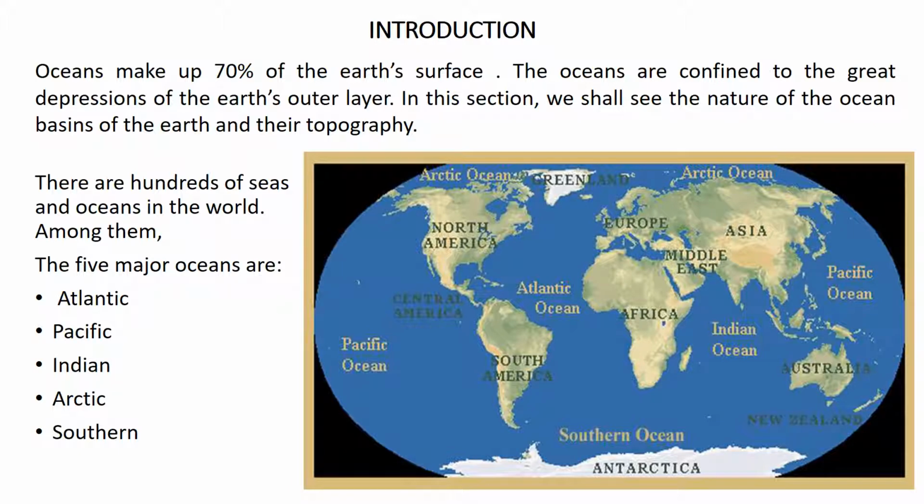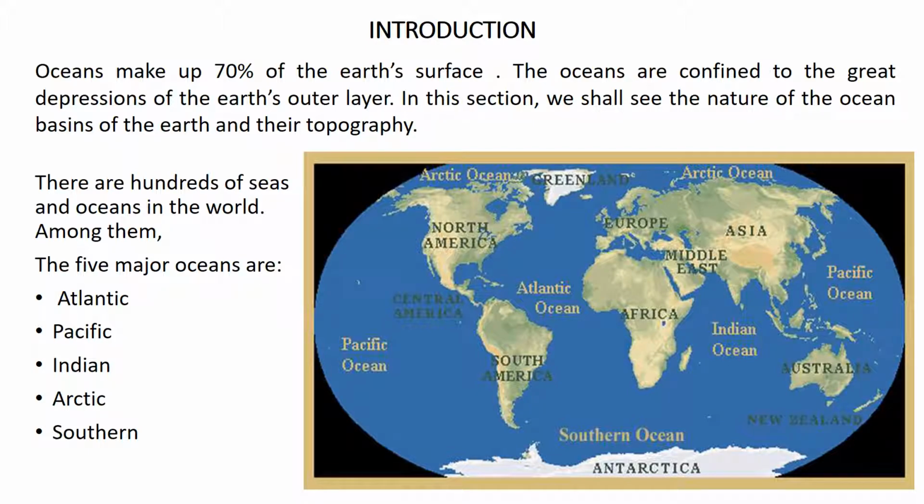Before we go into that, let me just remind you again, there are different types of seas and oceans in the world, and the most important oceans which we have are Atlantic, Pacific, Indian, Arctic and Southern Ocean.